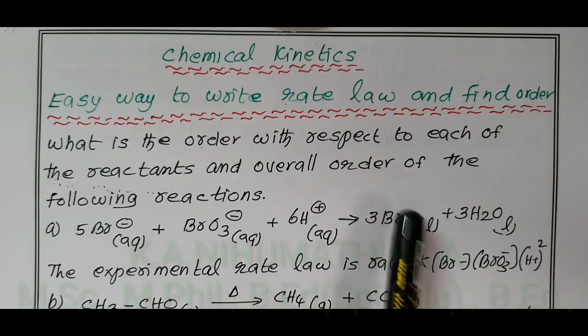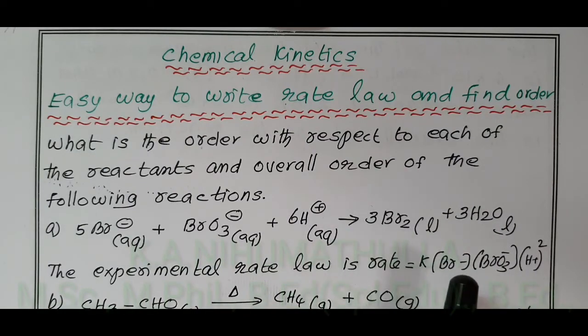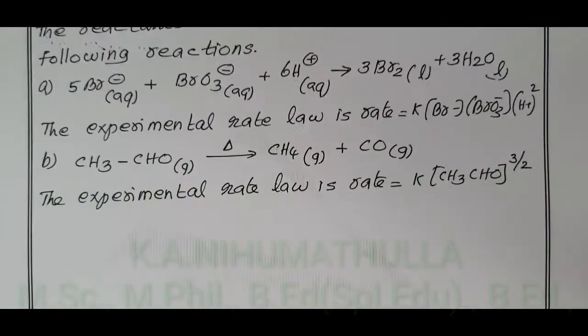Br minus undergoes oxidation to give Br2. The rate of the reaction is given as rate equal to K into concentration of Br minus, BrO3 minus, and H plus ion squared. This is the experimentally determined rate law.